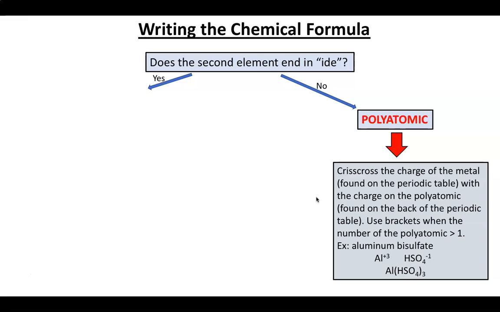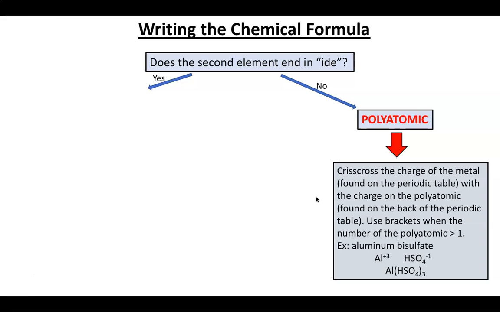So what you'll want to do is crisscross the charge of your metal, which is found normally on the periodic table by group number, with the charge on the polyatomic. You have to use the back of your periodic table for this. You'll be able to see in that list the different types of polyatomics and the charge on them. So that's the charge you're going to crisscross.